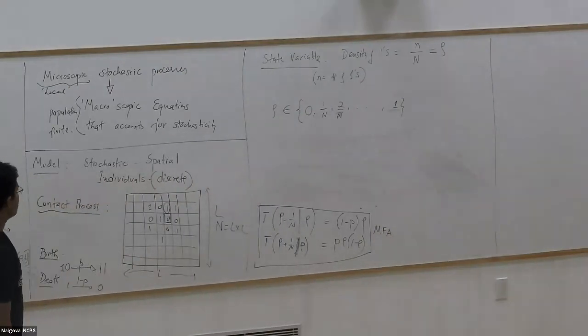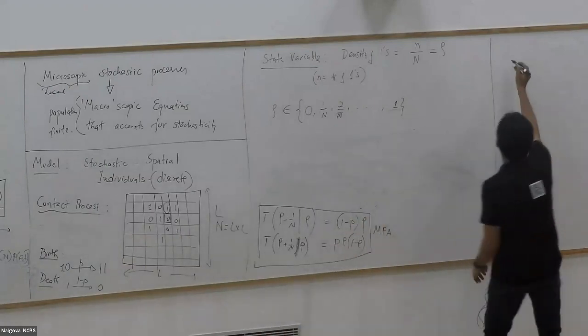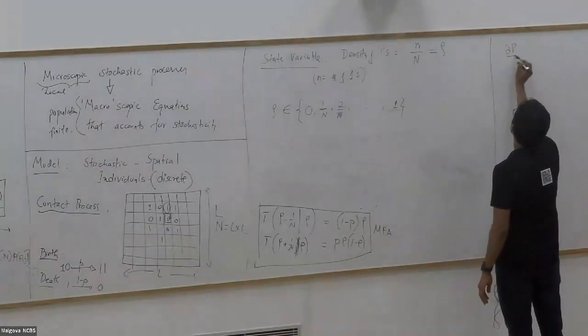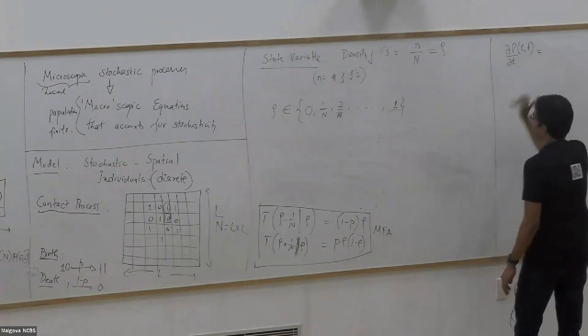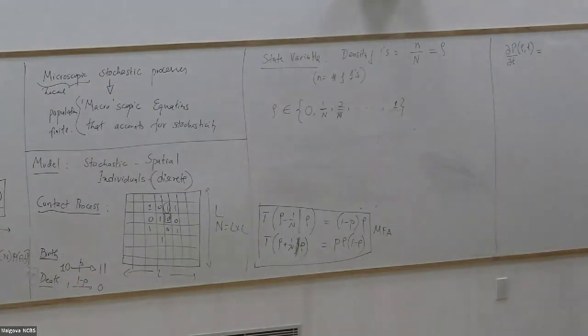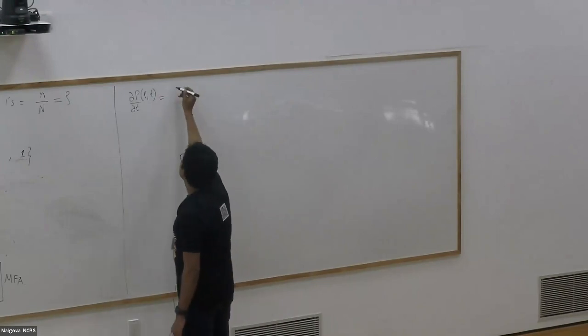Okay, so what we now need to do is go back to this equation, right? Which is now a complex messy equation, as you can imagine.